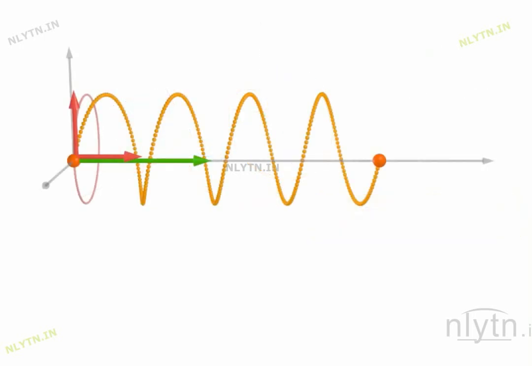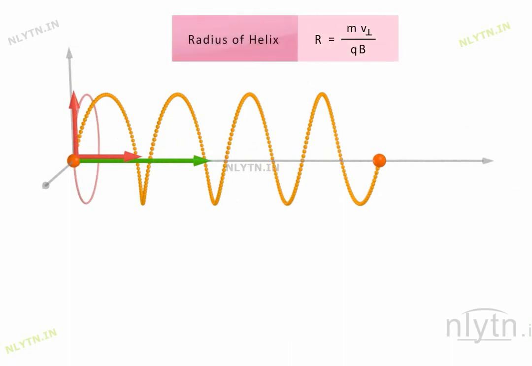Now, radius of circular path is the radius of helix, and this distance between two successive cycles is called the pitch of helix.